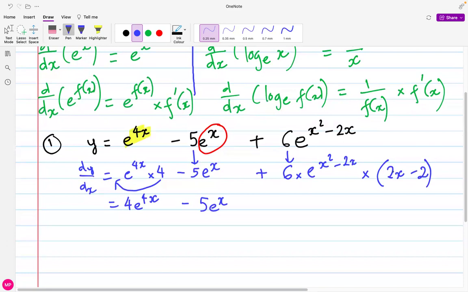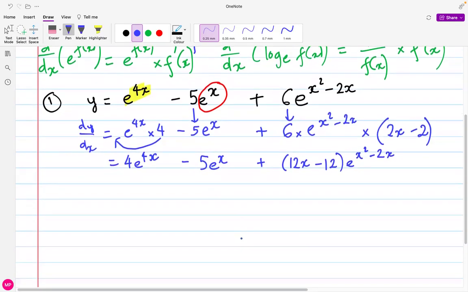Now you can make it nicer. The 6 and the 2x you can times together: 6 times 2x is 12x. And then a to the power of x squared minus 2x you can leave at the back. And then you're done. This is the derivative.